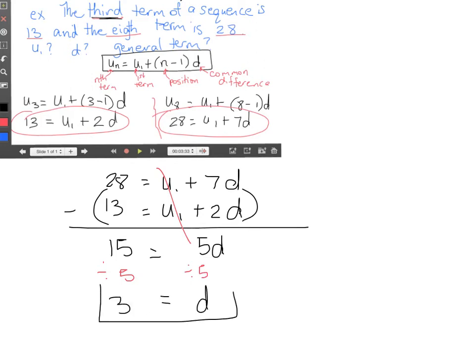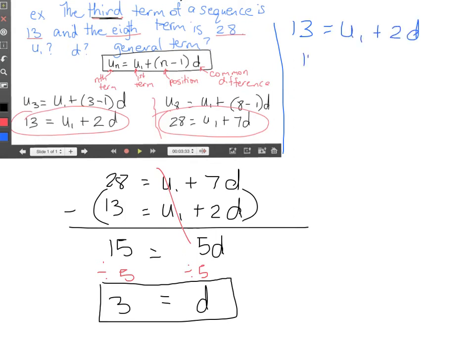So that's one of the things that we needed to find. We found our d value. So now we need to find our u1 value, our first term. In order to do so, we can choose either equation, whichever one our heart fancies, it doesn't matter, and plug into that equation. So I choose this equation just because I prefer to work with smaller numbers. I'm going to rewrite that equation over here. We have 13 equals u1 plus 2d.